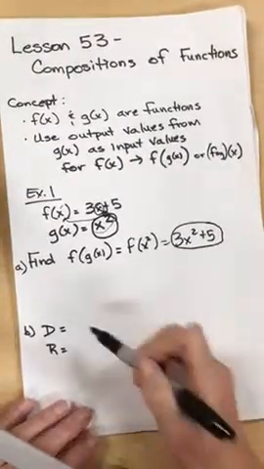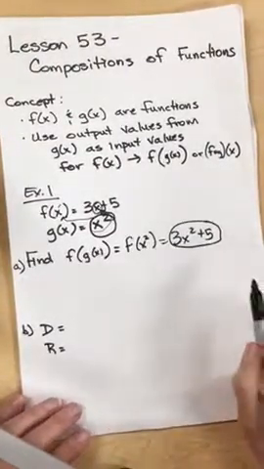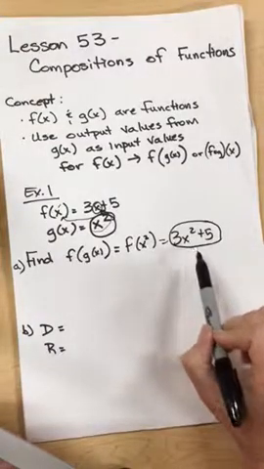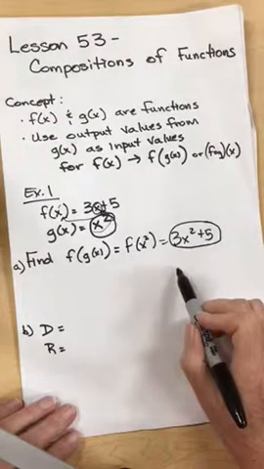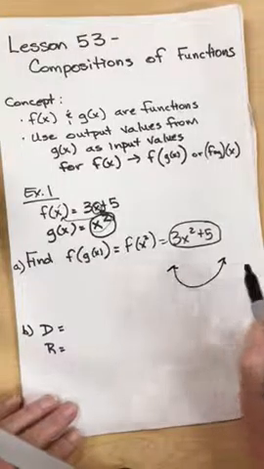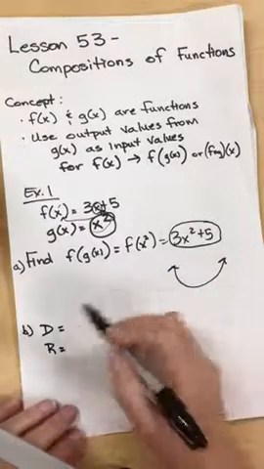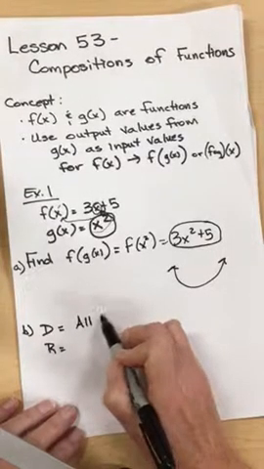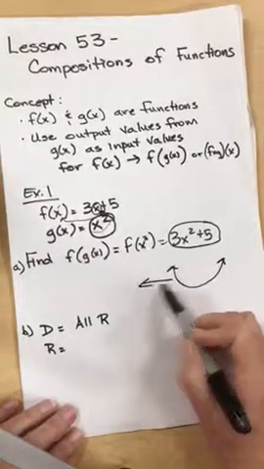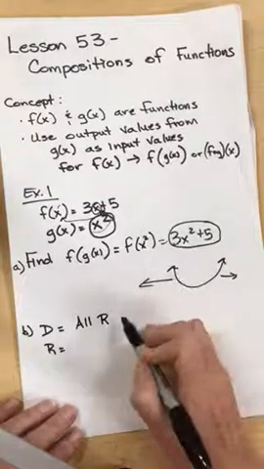Pretty simple. Now, we also need to find the domain and the range. And as you know, a quadratic looks something like this, right? The domain is going to be all reals because it goes forever this way and forever this way, ever so slightly.